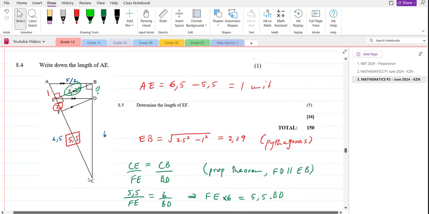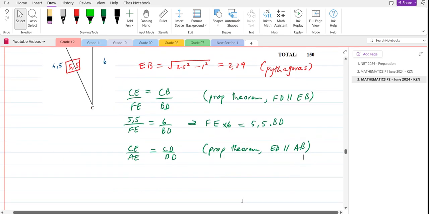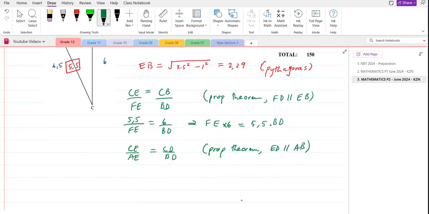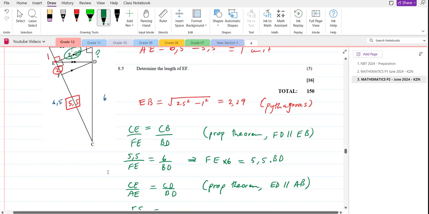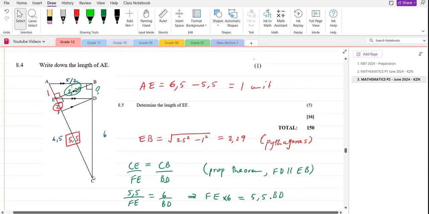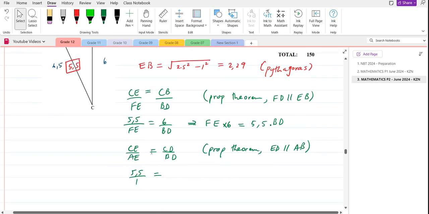So CE over AE, what is CE? 5.5 over AE, which is 1. CE over AE, 5.5 over 1 is equal to CD, actually we don't have CD, so this is incorrect. Shouldn't say that.